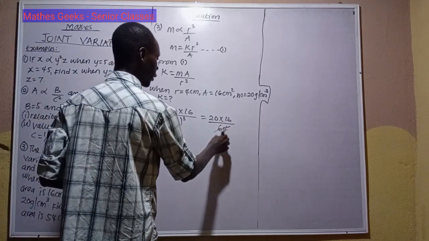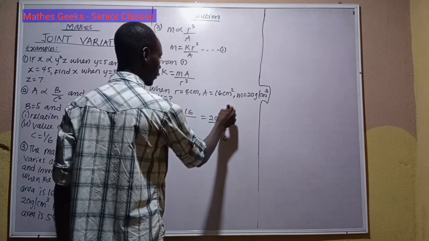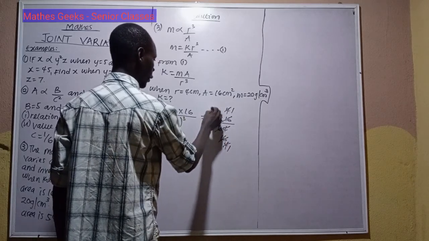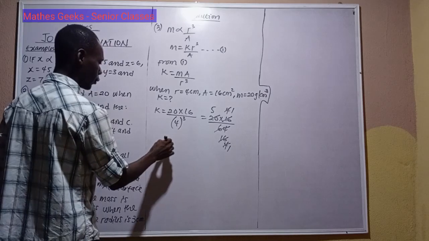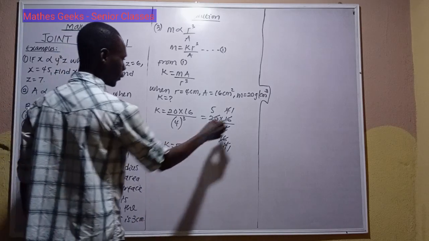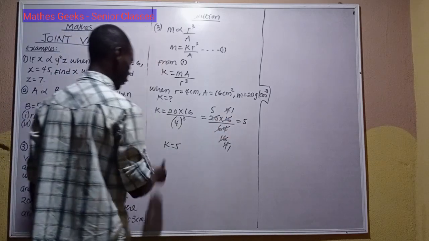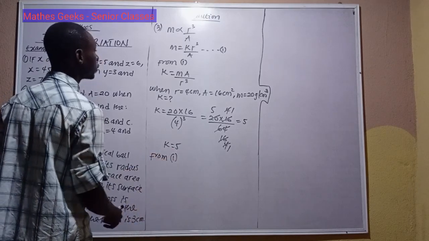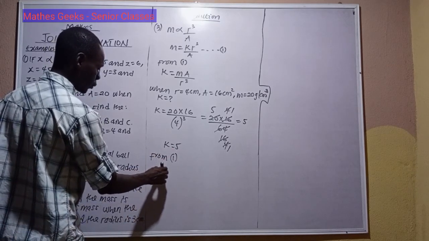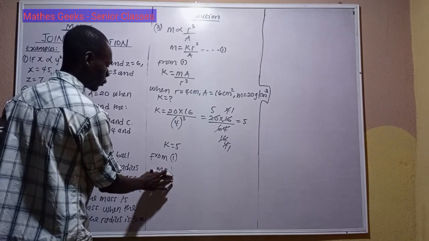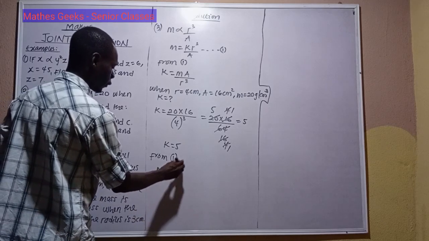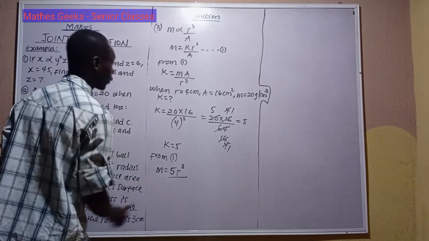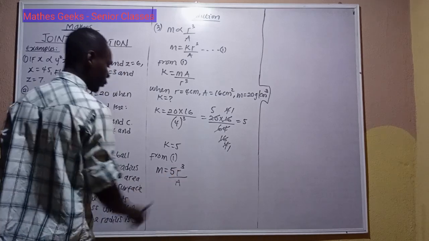So 4 here 16, 4 here 4, 4 here 1, 4 here 5. So Q is equal to 5.